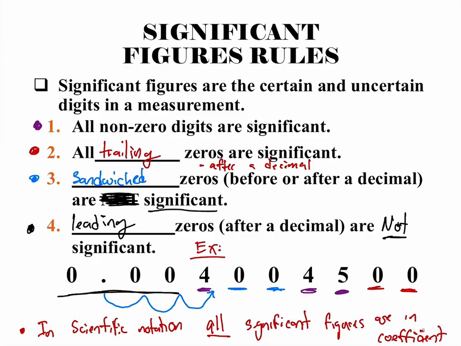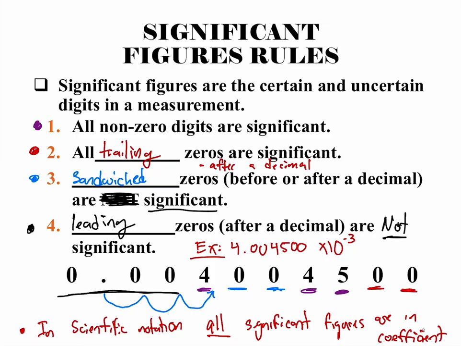It should be negative 3. So this is going to be 4.004500 times 10 to the minus 3. We still include those last 2 zeros, again, because they're trailing zeros after the decimal place. But all the significant digits are contained in the coefficient within scientific notation.